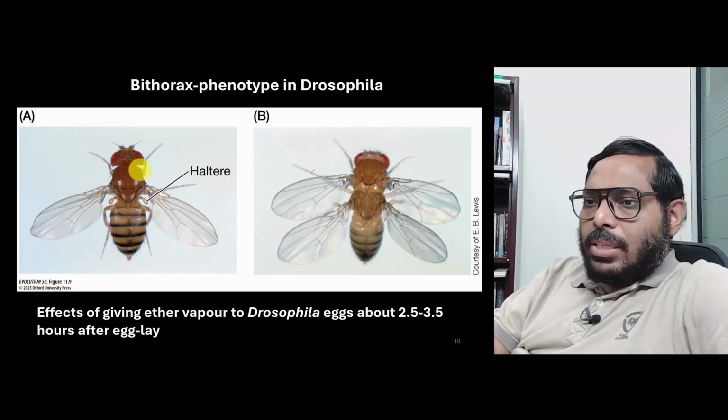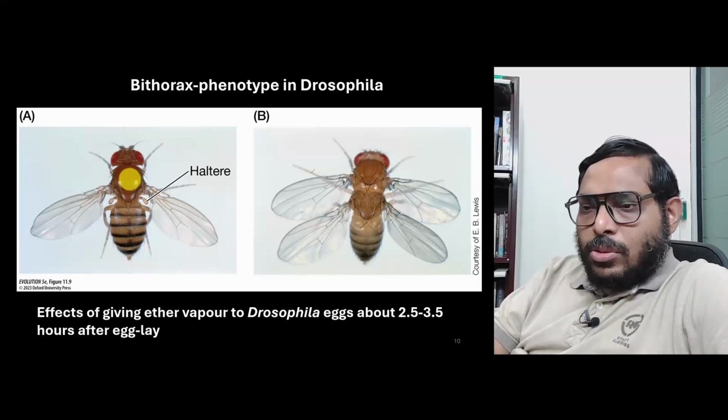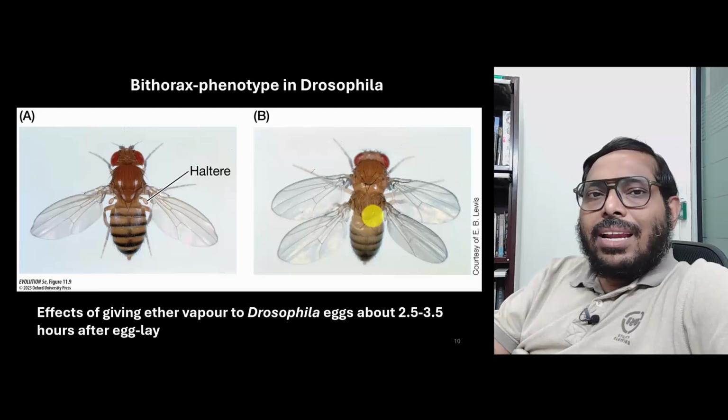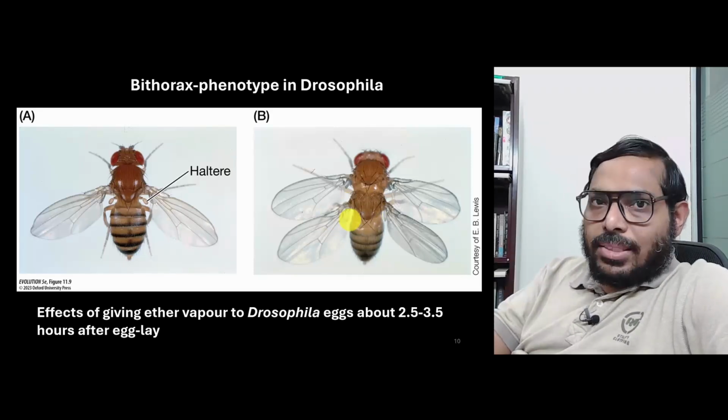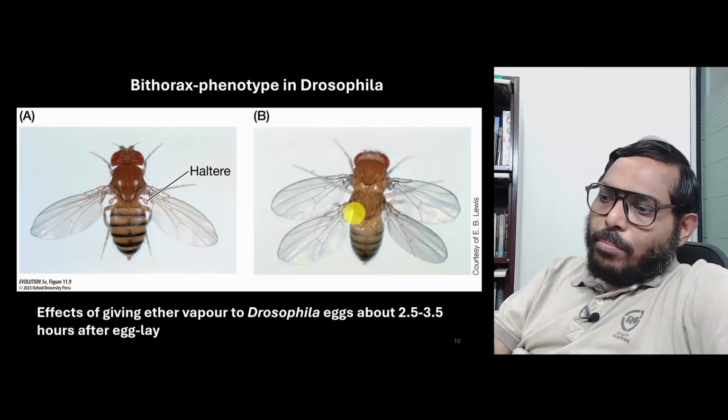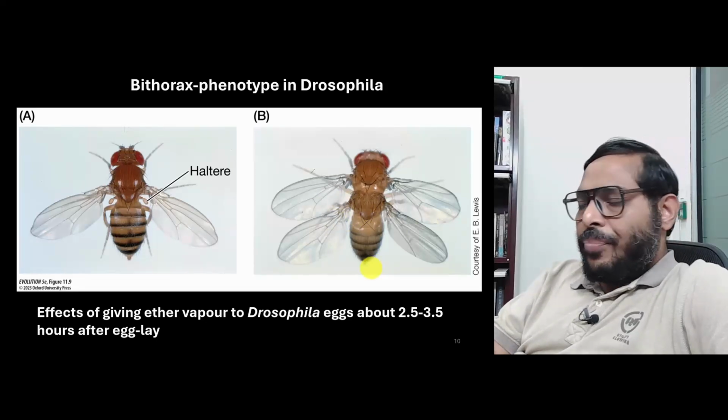Okay. So, essentially this thorax which contains the wings gets duplicated, as a result of which they end up having the so called bithorax phenotype, 2 thoraxes, and more importantly they have 4 wings.